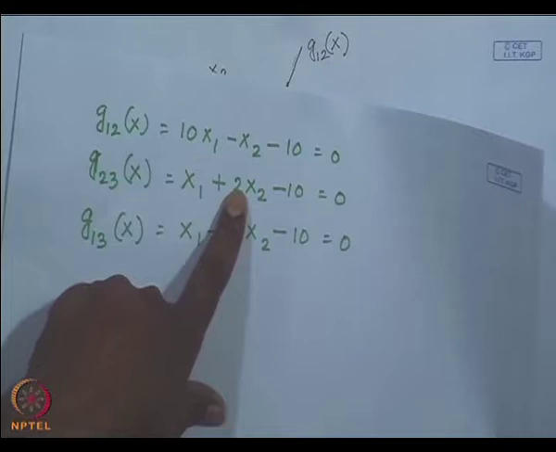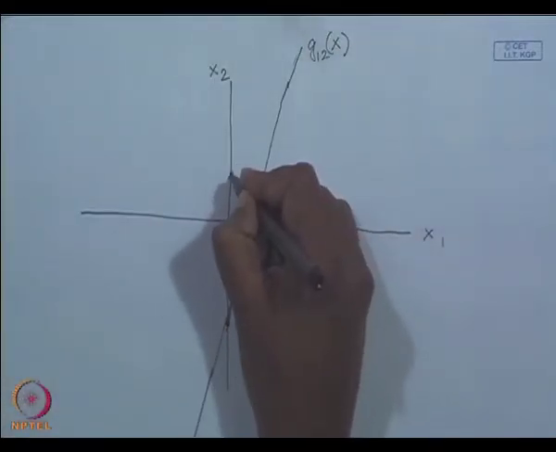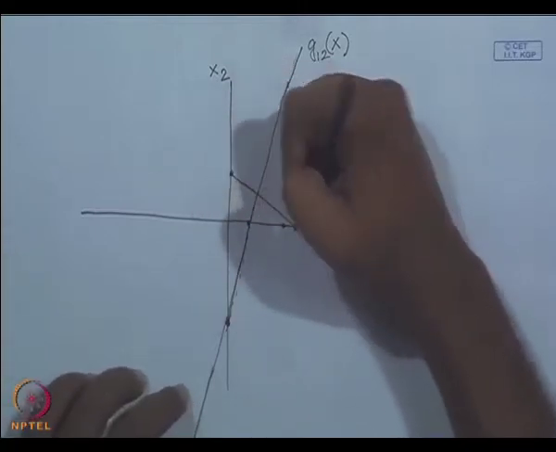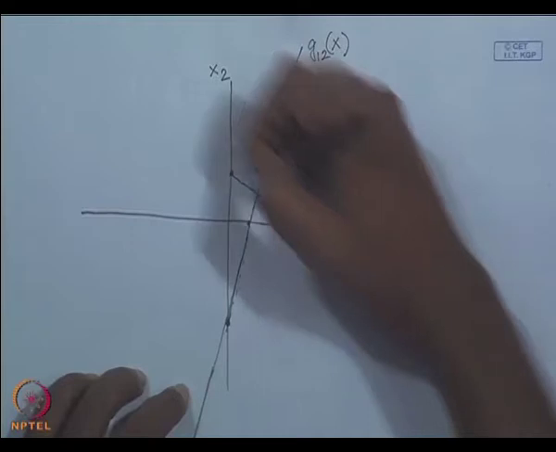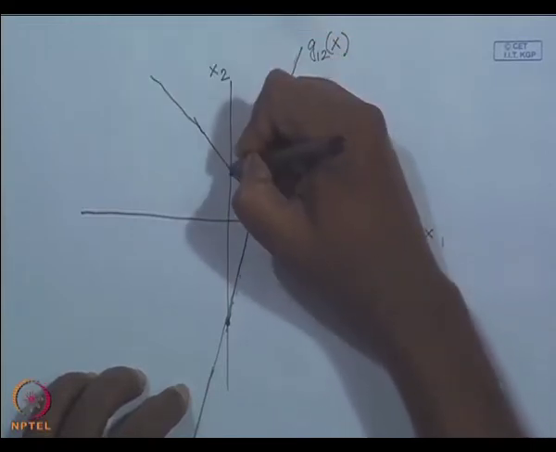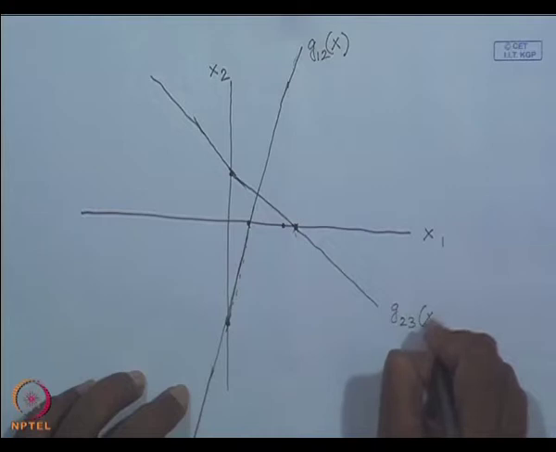So, this is the line which represents G23 of x.